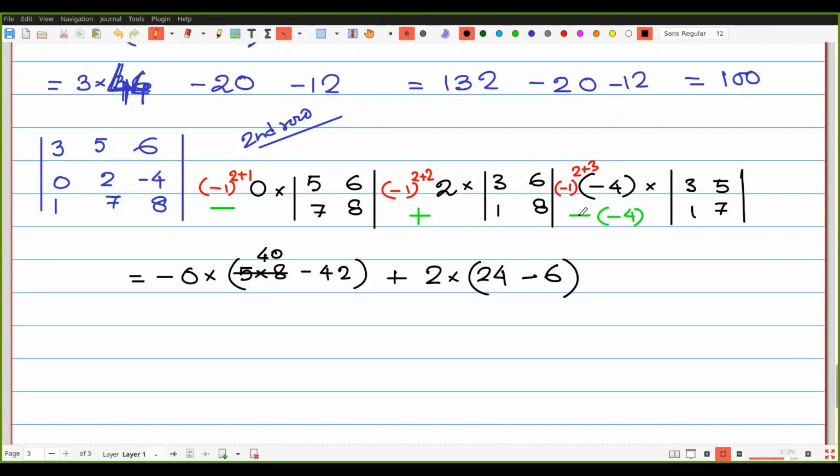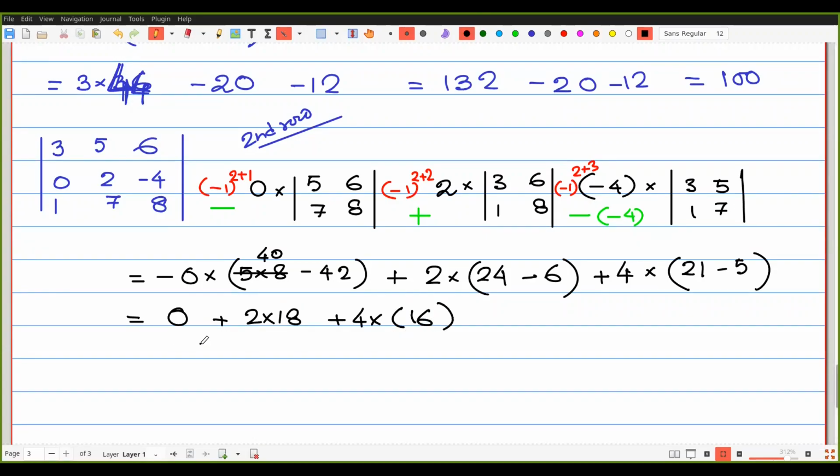Now that is minus of minus 4, that means plus 4 into 3 into 7 minus 5 into 1. So the first one is 0, the second one is 2 into 18, plus 4 into 16. So that is 36 plus 64, and the result is 100 as usual.